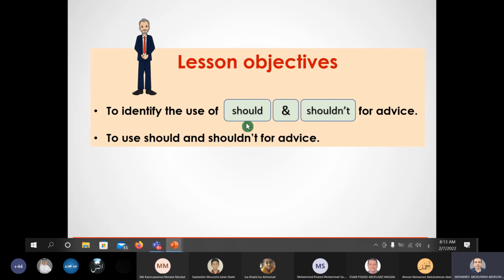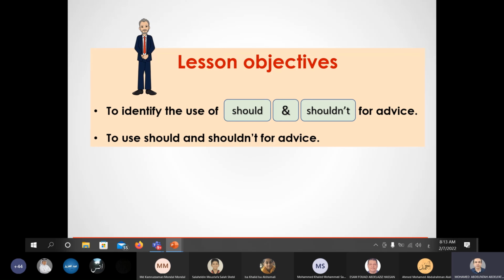What is the meaning of should and what is the meaning of shouldn't? That is what we are going to learn today. So, objective number 1 is to identify the use of should and shouldn't for advice. And objective number 2 is to use should and shouldn't for advice. Okay, we will learn about them and then we will use them in sentences.